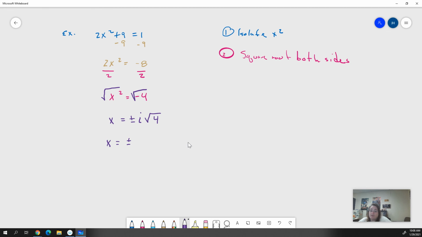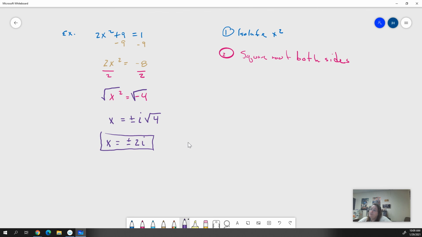What number times itself equals 4? 1 times 1 equals 1. Yeah, but I need to know what number times itself. So is it 1 times 1 or 2 times 2? There we go. So you got that 2, and then we got to put the i back. And that's our answer.